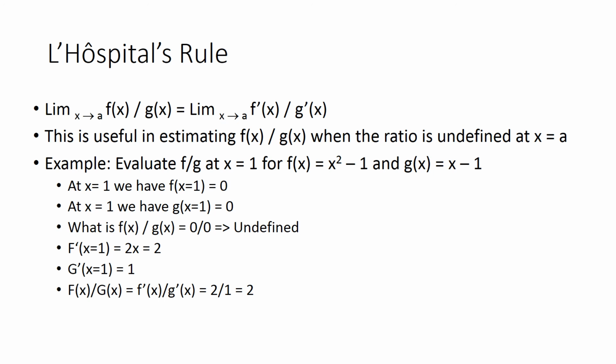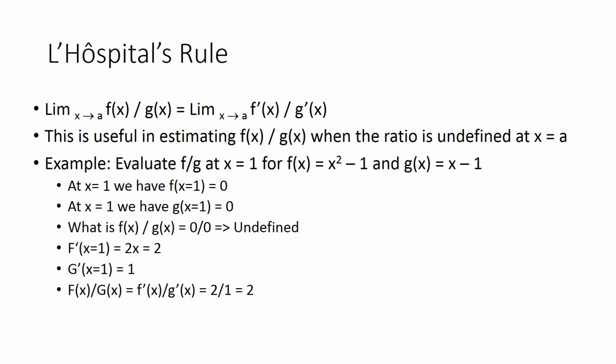L'Hopital's rule says that if we can find the derivatives f prime x and g prime x, then we can simply take the ratio. So the limit of f(x) by g(x) when x tends to a will be equal to the limit as x tends to a of f prime x divided by g prime x.